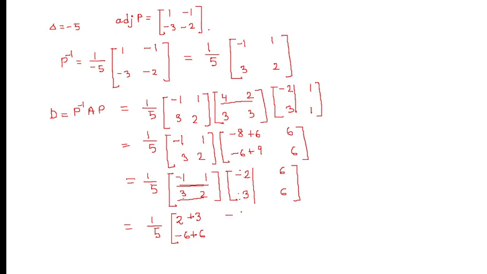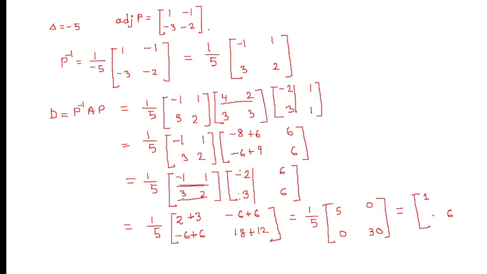So it is minus 6 and plus 6. In the next half, it is 18 plus 12. Okay. So my answer is coming 1 by 5. This is 5, this is 0, this is 0 and this is 30. Now if you take 5 common, it is becoming 1 and 6.